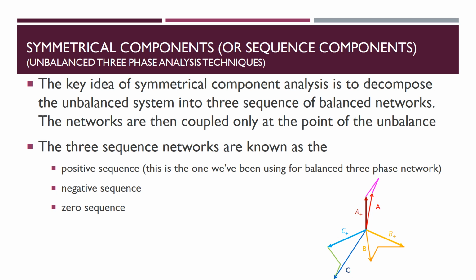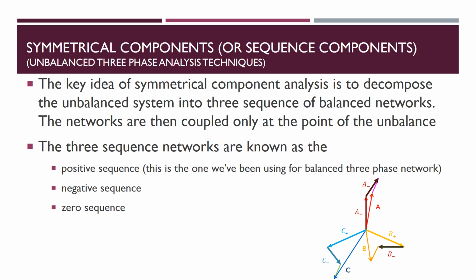If it is rotating clockwise, you see A, B, C. And for the negative sequence, here is A minus, C minus and B minus. So you can see this is the negative sequence. The sequence comes in ACB pattern, right? So this is the negative sequence.